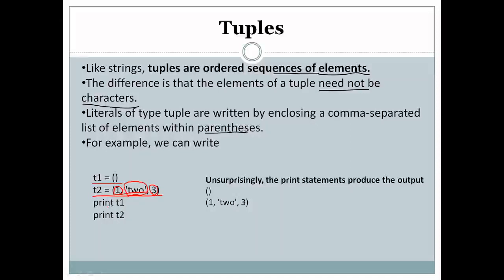Now when we say print t1 and print t2, the first print statement will print simply the brackets because it is an empty tuple, nothing else will be displayed. In the case of the second print, you can see the output: it has printed the elements of tuple t2.